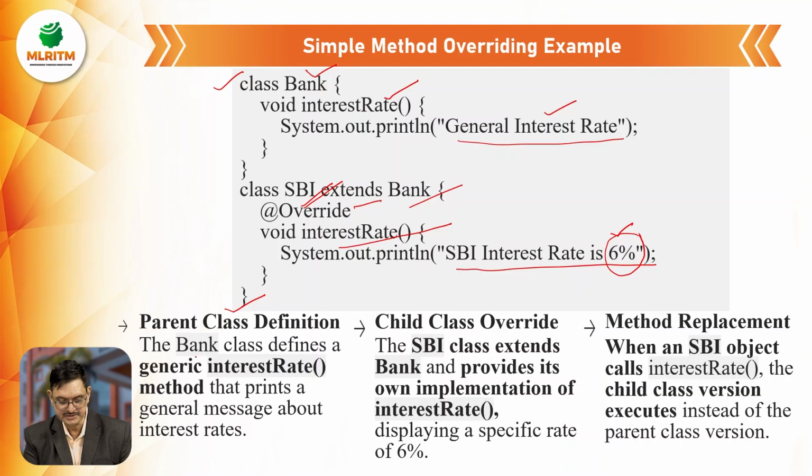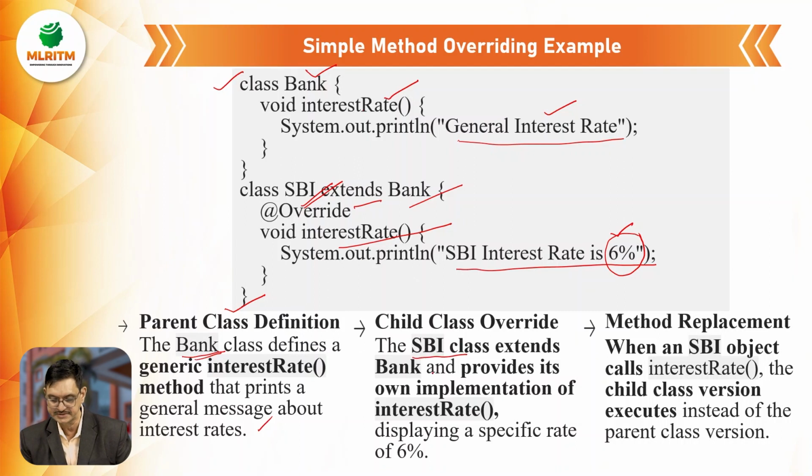The parent class is Bank. This Bank class defines a generic interest rate method that prints a general message about interest rates. Now, when you create a child class from the parent class Bank, let me call it the SBI class.